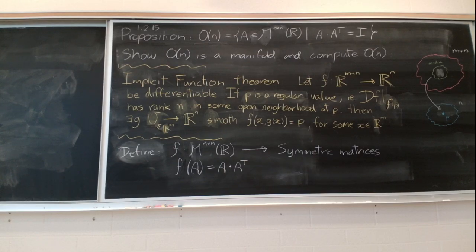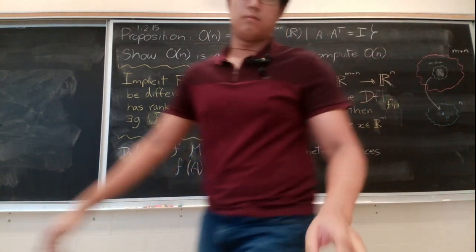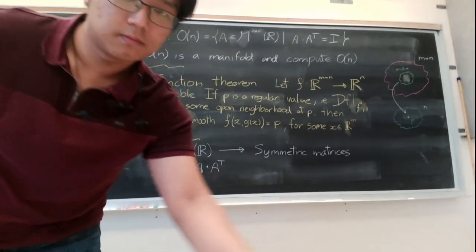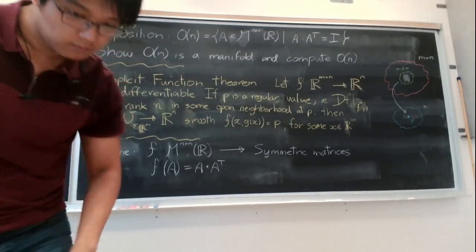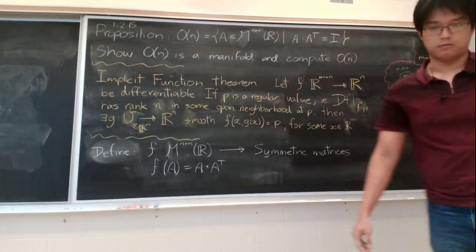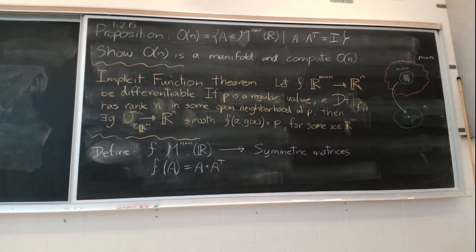That will be some m-dimensional surface that has this parameterization x, g of x. So what did we do? We defined some map that goes from R^(n²) into R^((n²+n)/2).